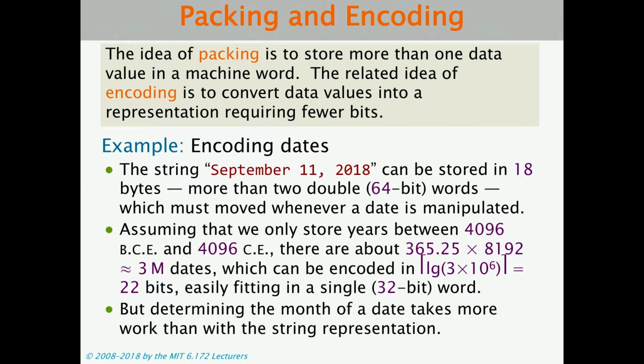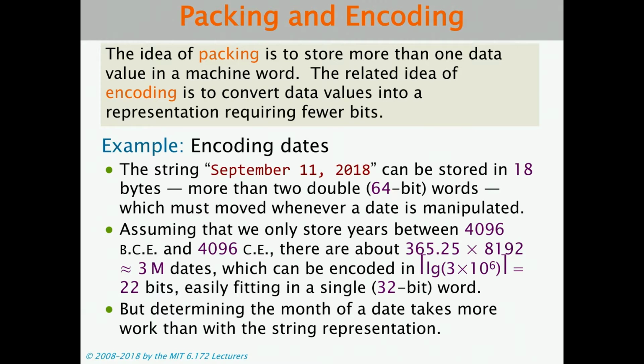But it turns out that you can actually do better than using 18 bytes. So let's assume that we only want to store years between 4096 BCE and 4096 CE. So there are about 365.25 times 8,192 dates in this range, which is 3 million approximately.